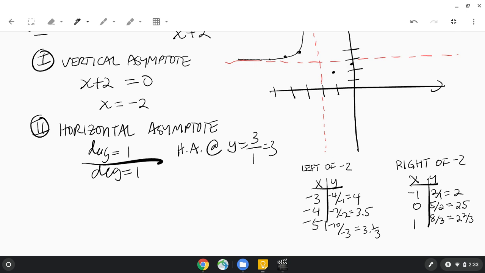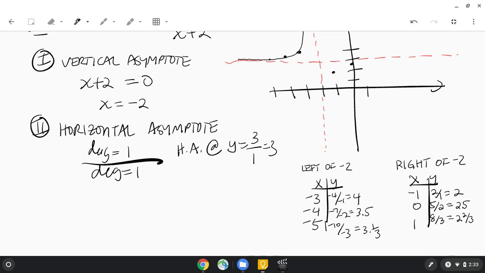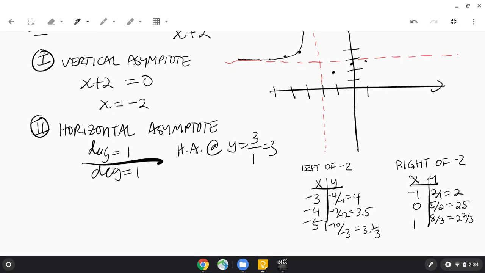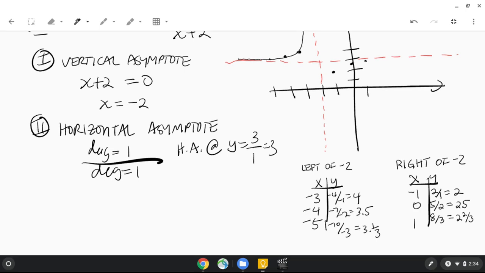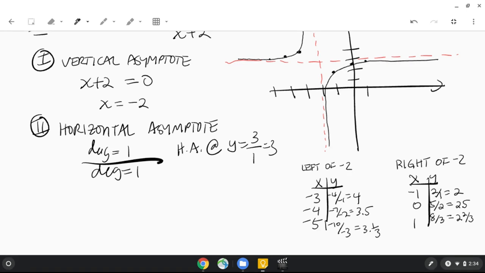And then 1, 2 2/3, which is 2.67. Getting closer to that asymptote. Okay, so we see that we have another branch that goes here and gets closer and closer to that asymptote.